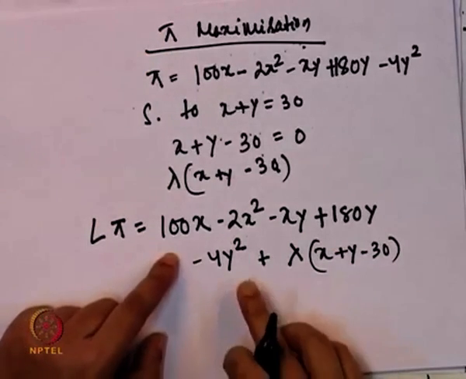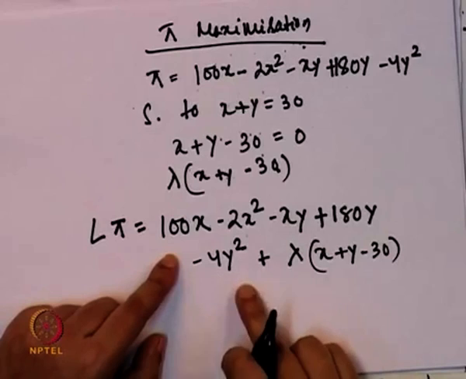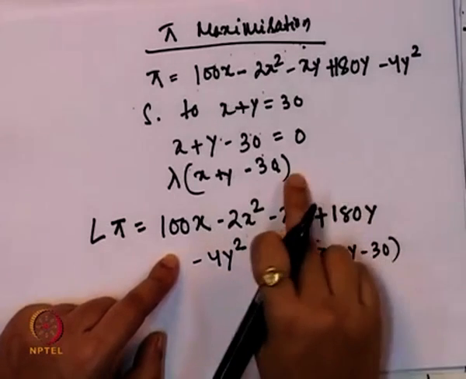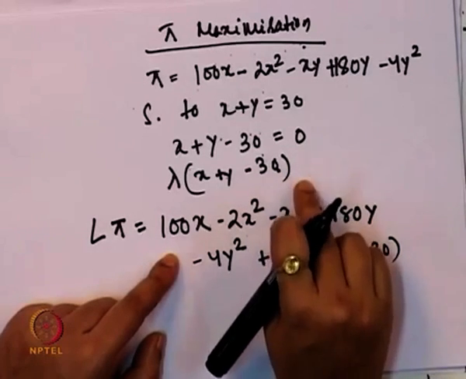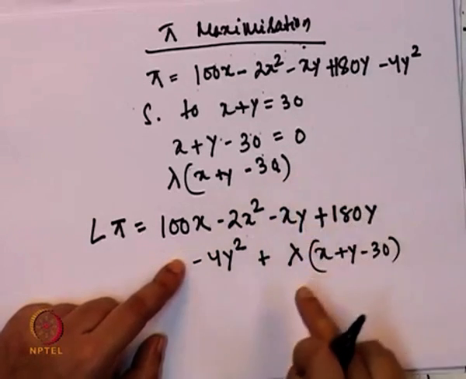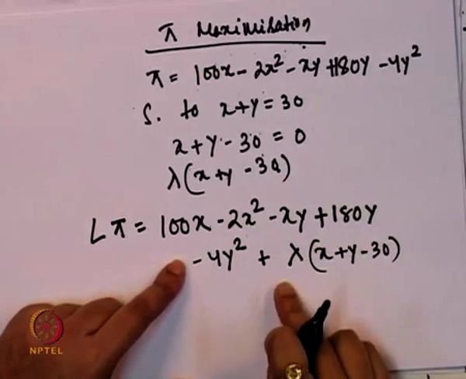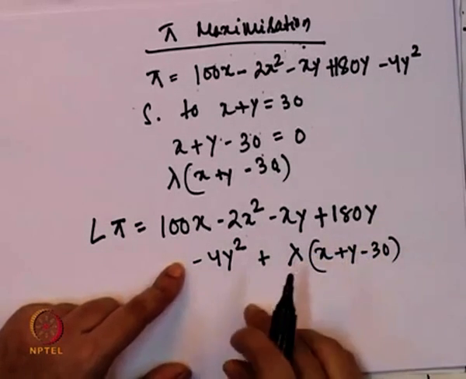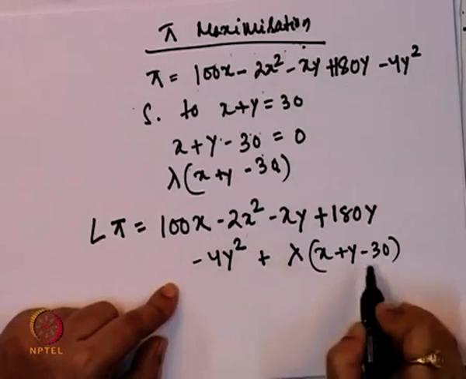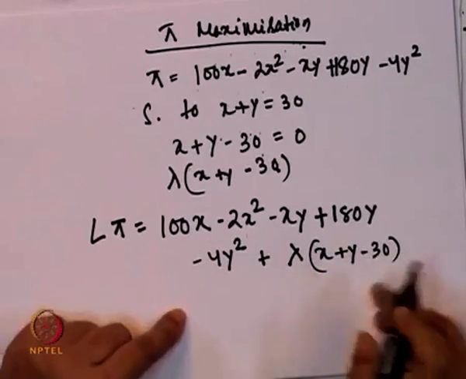Now the constraint is also added in the objective function. So, this is our Lagrangian function. The Lagrangian function comes from the constraint that we add to the objective function in order to maximize the profit. Now, this is the profit function.